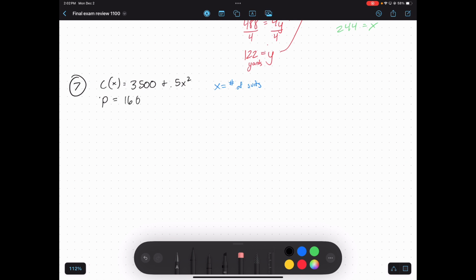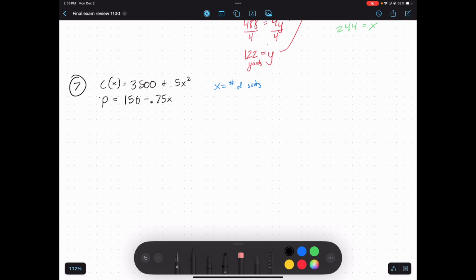I need to make sure and use my numbers so that I don't mix up my numbers. So how do demand equations work? Demand equations relate price with quantity, right? If you raise the price, you're not going to be able to sell as many. If you want to sell more, you need to lower the price.